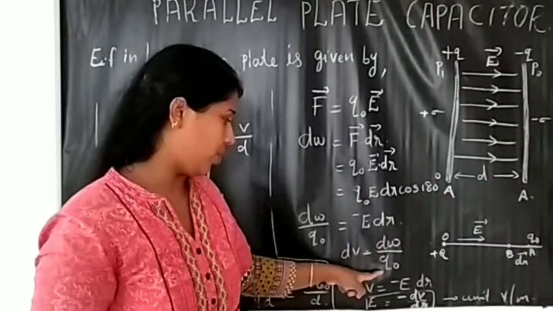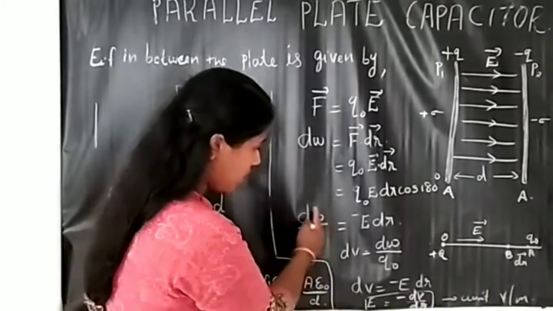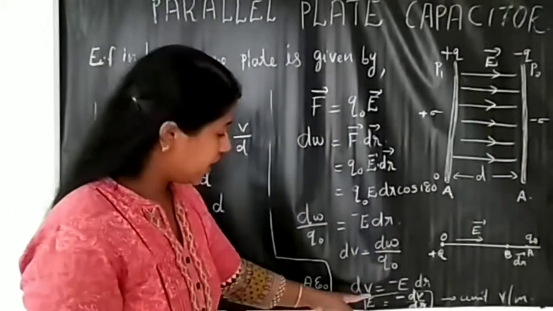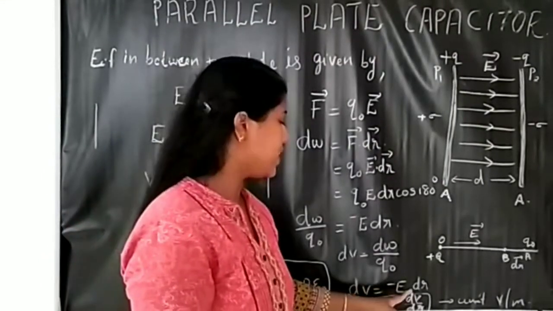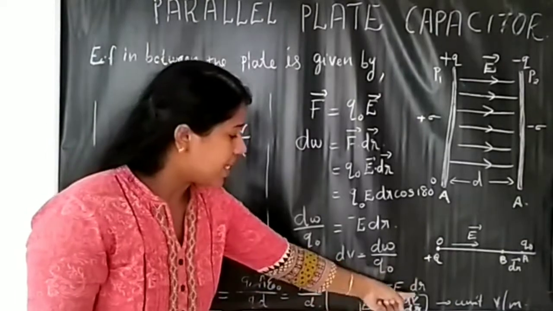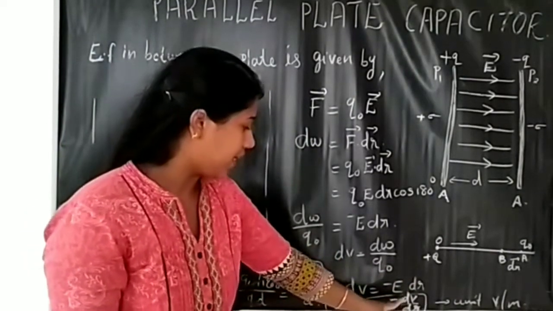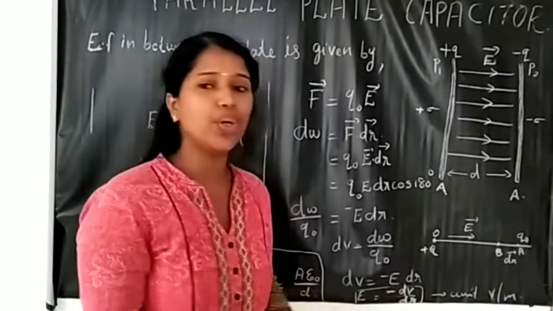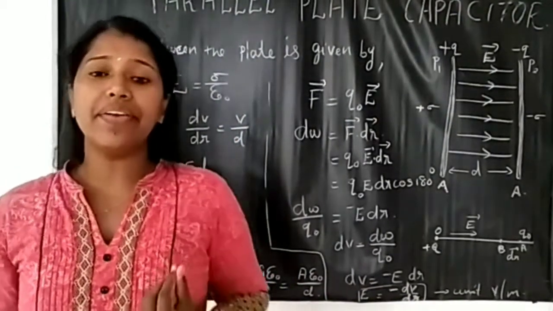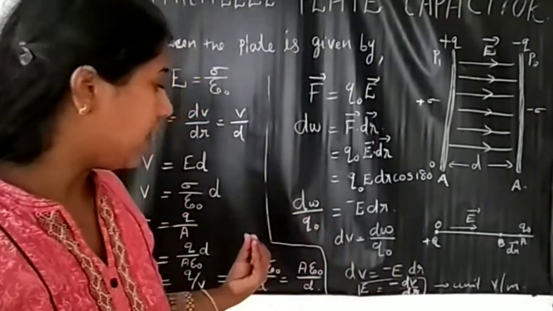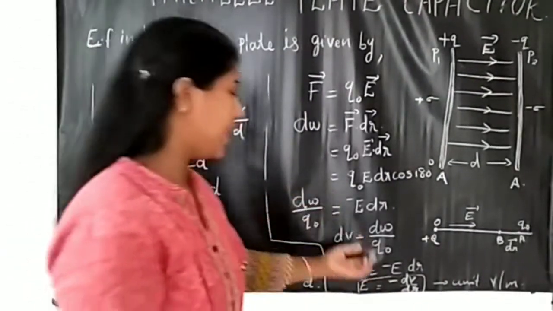So we get dV equal to minus E dr. Then electric field E is equal to minus dV divided by dr.